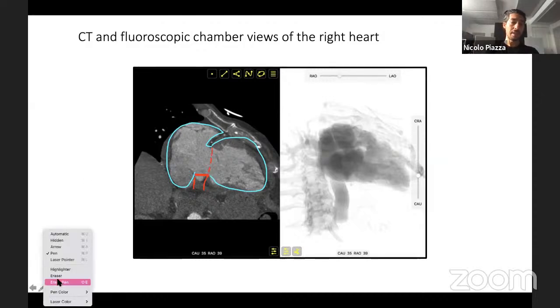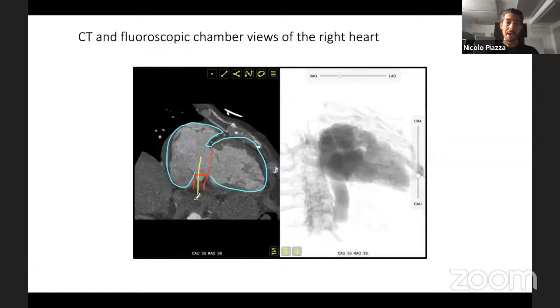Notice that the coronary sinus in a two-chamber view points directly downwards. Okay? This is anterior. You have the sternum. So what's anterior, the opposite needs to be posterior. Okay? And so the coronary sinus is a posterior structure.